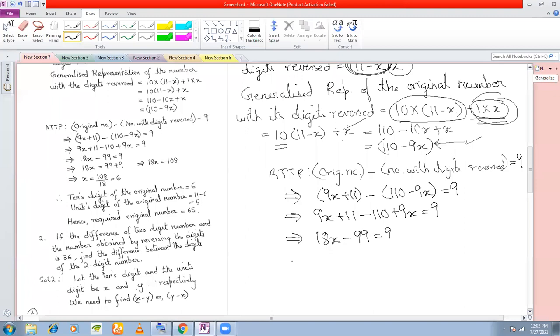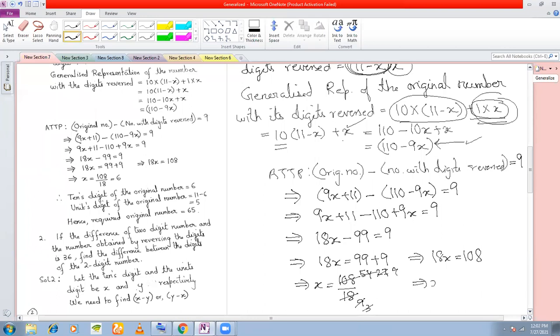is equal to 9. So that means 18x is equal to 99 plus 9. That means 18x is equal to 108. That means x must be equal to 108 divided by 18. Now you can cancel this with 2, 9, and then you can cancel this with 3, 27, and then 9.